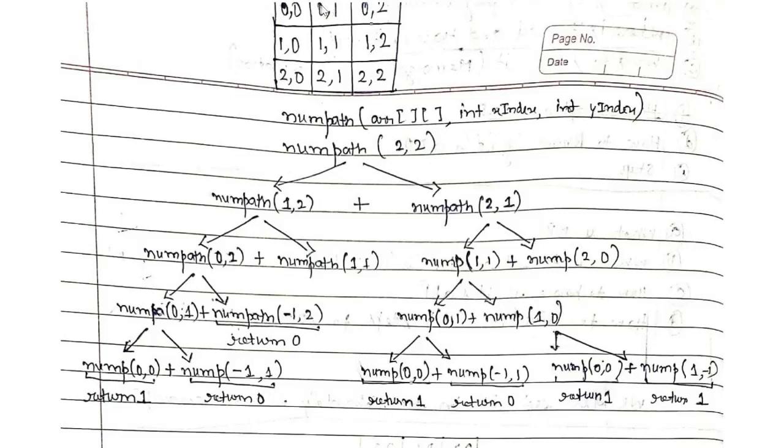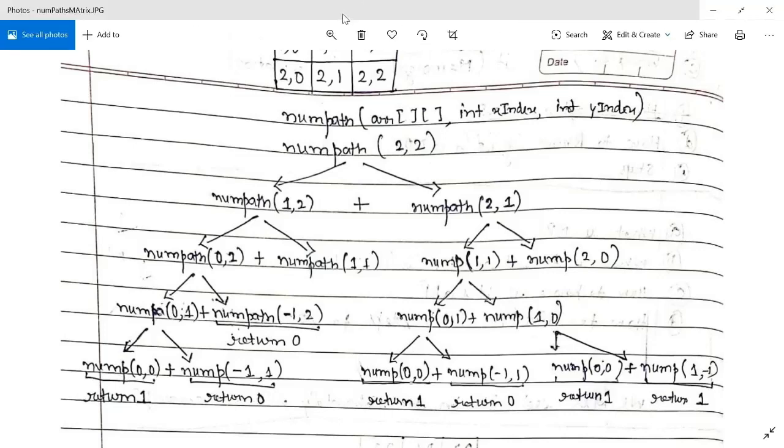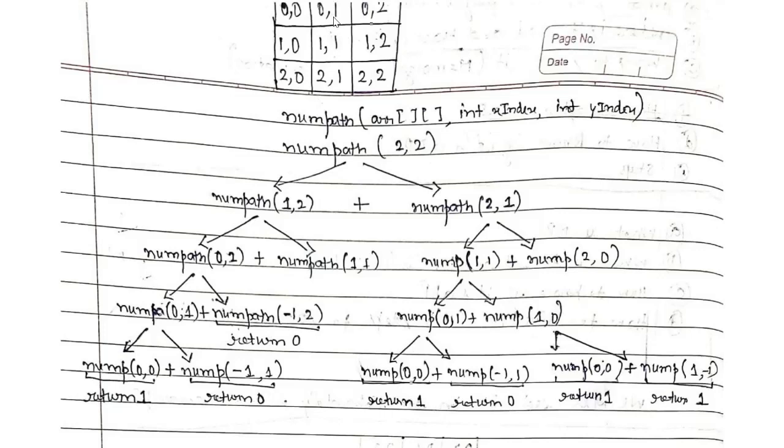The left hand side node can be reached only through this node, because if I go right of this node then only I can reach 0,2. The same way, if I go right of this node then only I can reach 0,1. So I do not need to be bothered about one branch. I would be bothered about only the branch in which I receive my path from my left hand side.